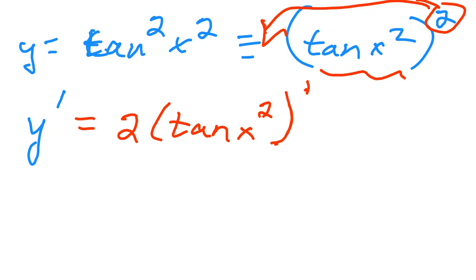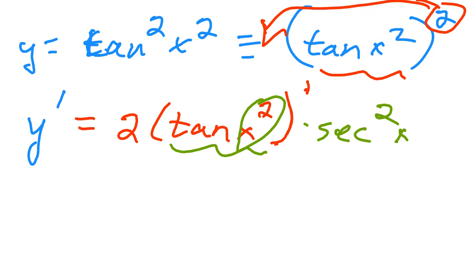But then I have to take it times the derivative of what's inside, by the chain rule. Well, this is tangent of a function, so the derivative of tangent is secant squared, right? But it's secant squared of this thing, which is x squared.